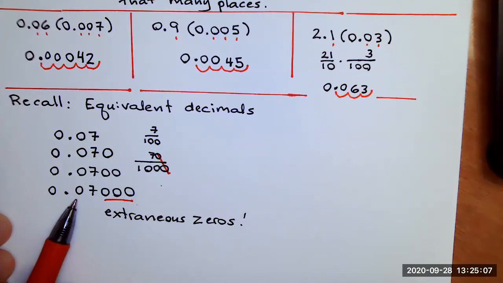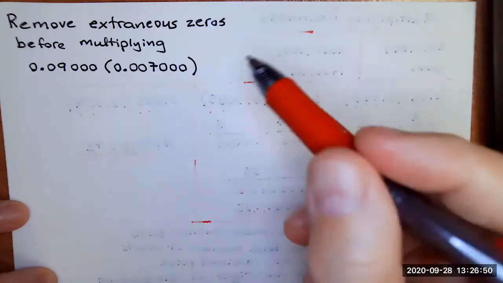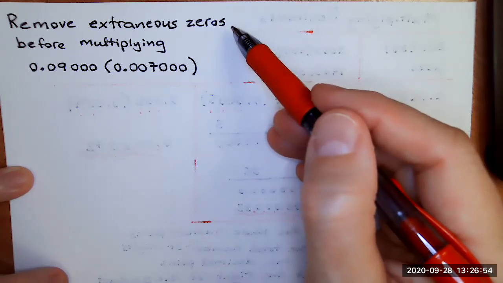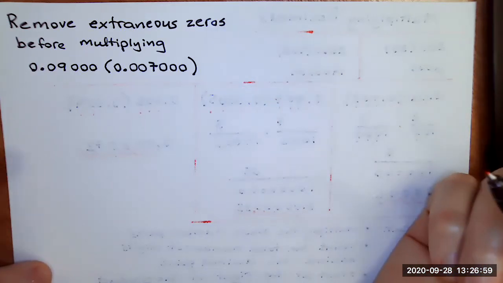The zero in front of the non-zero digit is not extraneous. You have to keep that one. All right, so to make your life simpler, you'll want to remove any extraneous zeros before multiplying.